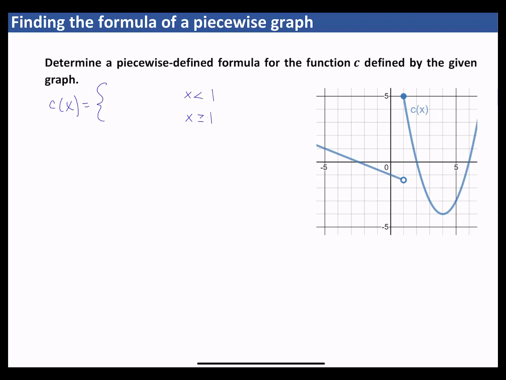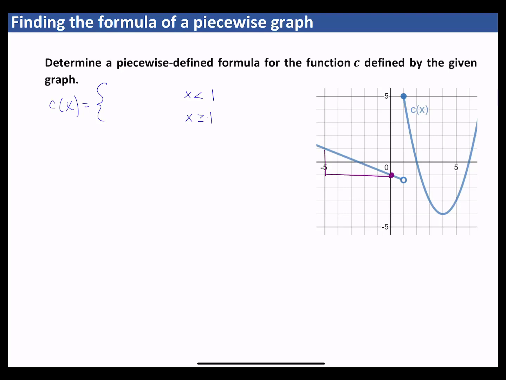Now we can focus on finding the different formulas for the pieces of the graph. Notice that the linear function has a slope of negative 2/5 and a y-intercept of (0, negative 1).